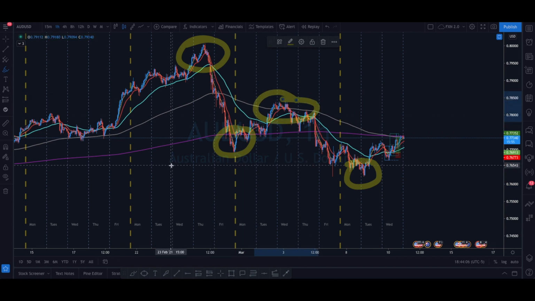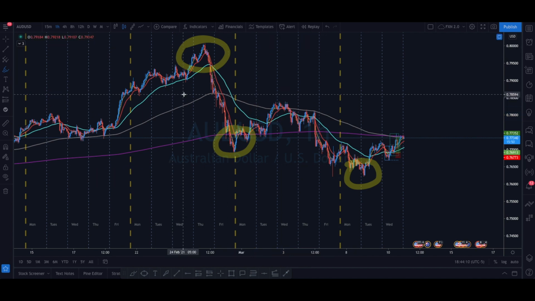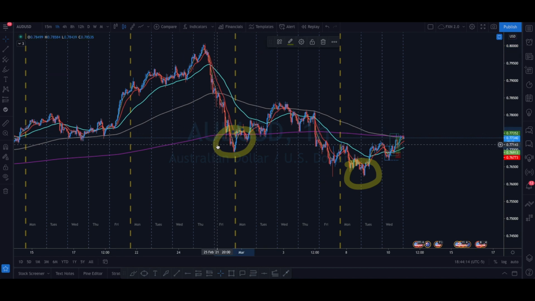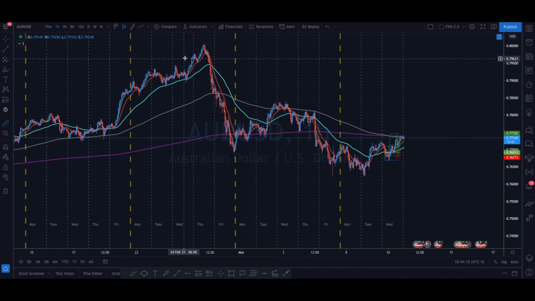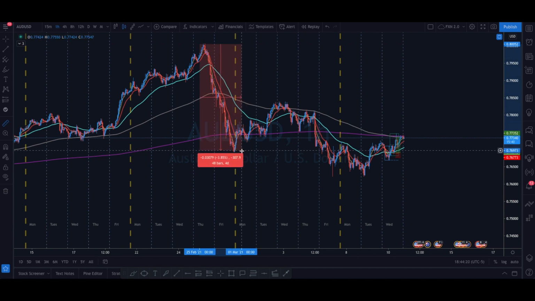Now if we start measuring these highs and lows and try to make sense of what the ADR is, if we go from, let's say, this top here to the bottom, it's 311 pips, right? That's more than the 237. This went almost 4 times ADR. So 3.5, 4 times ADR, something like that.